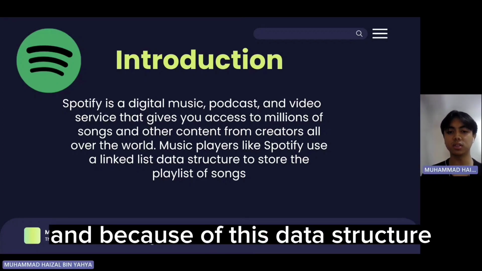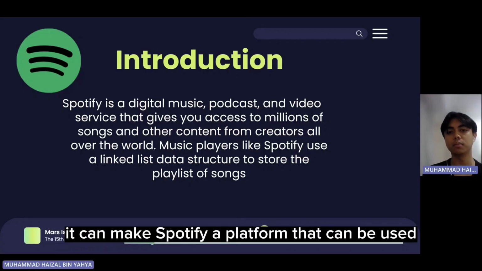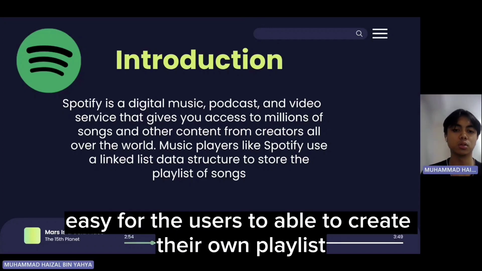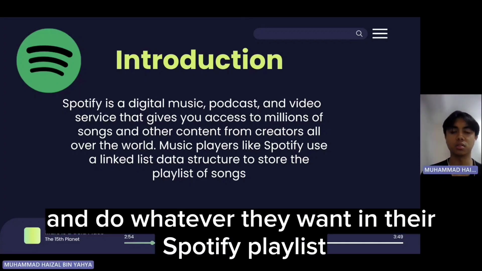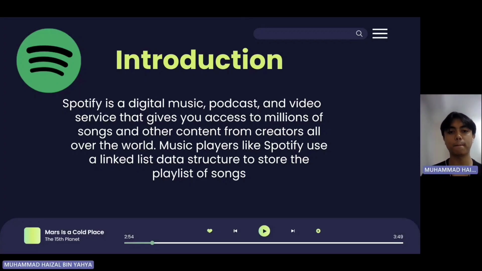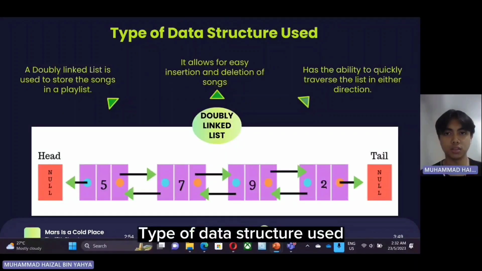And because of this data structure, it can make Spotify a platform that is easy for the users to create their own playlist, listen to their own music, and do whatever they want in their Spotify playlist. Type of data structure used.